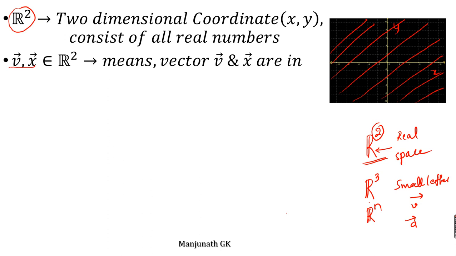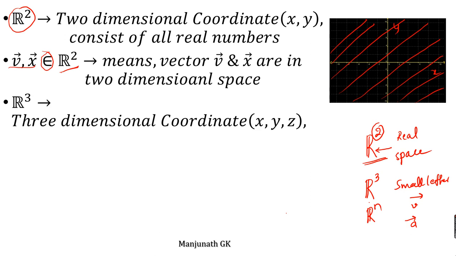They are in a two-dimensional space. The meaning of this is that vectors v and x belong to the space R2, the two-dimensional space. All right.